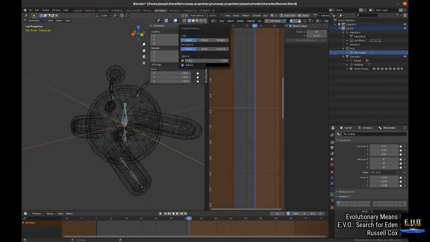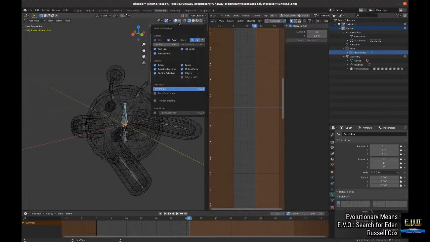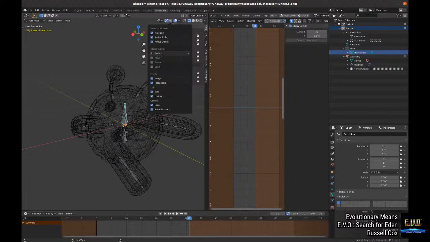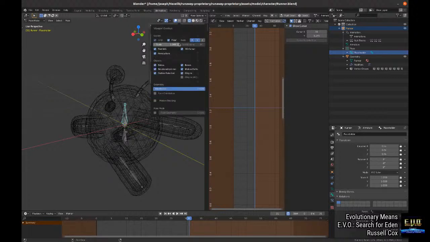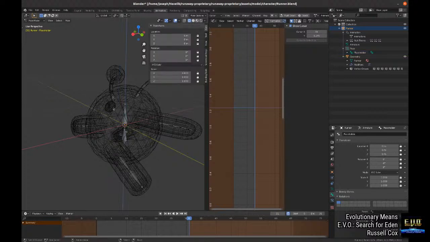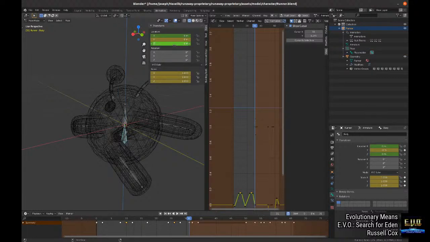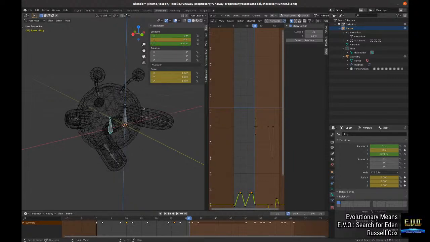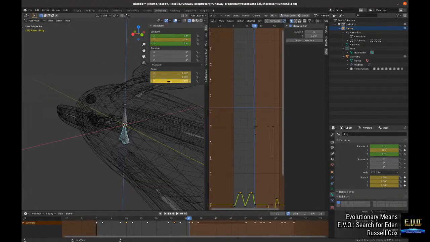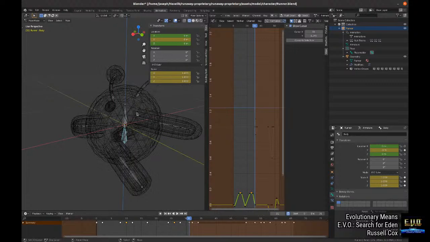Oh, maybe in here. Aha, there it is. The z-axis, this blue one, is straight up and down. So in theory, if we move something along the z-axis or scale it along the z-axis, it should follow the blue line, but it doesn't.